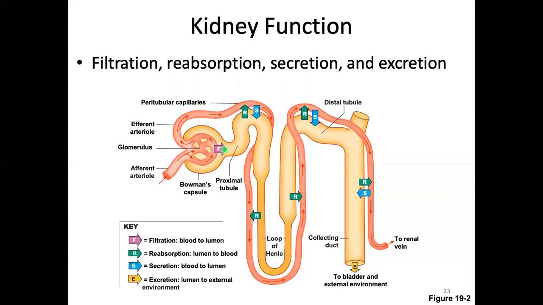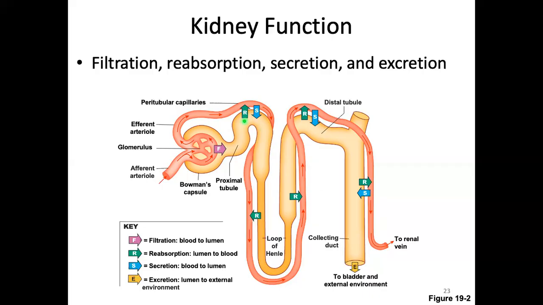So you're dumping everything out, dumping out all the nutrients. Kind of weird, right? And then as the pre-urine is flowing through the tube, you're reabsorbing nutrients back into the bloodstream as you need them, depending on what region you're at, right? So you reabsorb different nutrients at different regions.